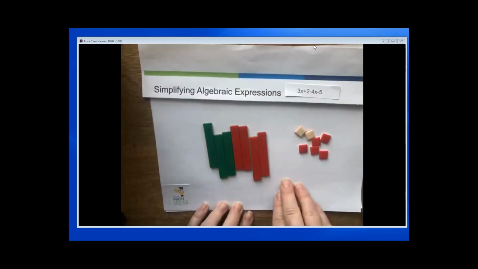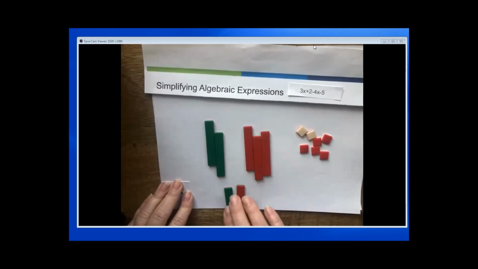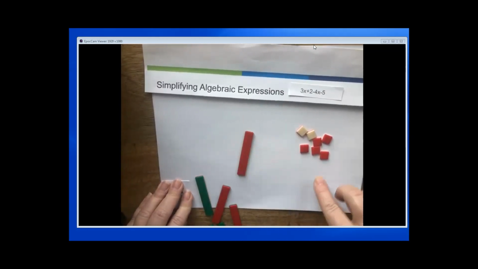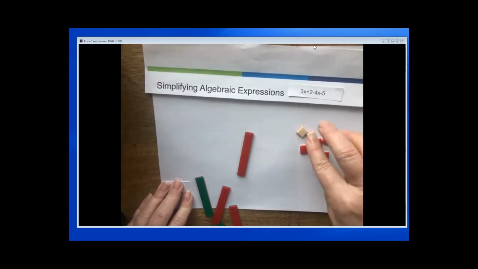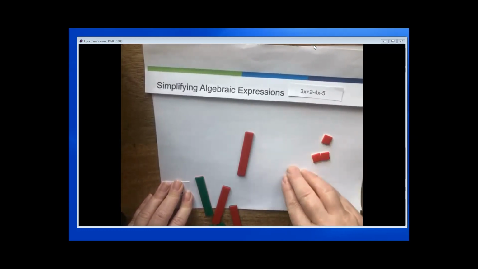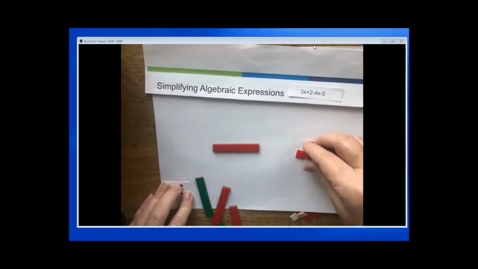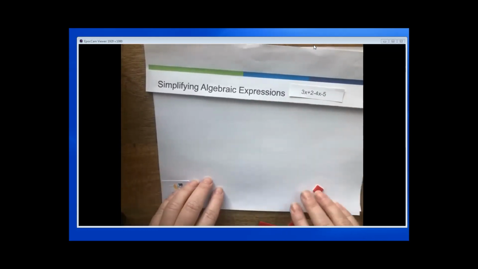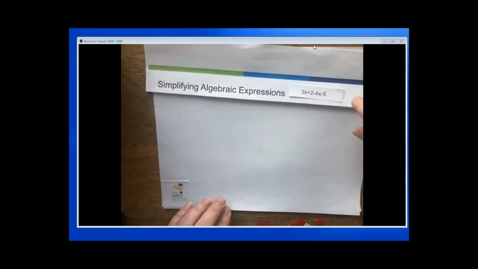Combine them. Zero pair. And zero pair here. And I get negative x plus negative 3.